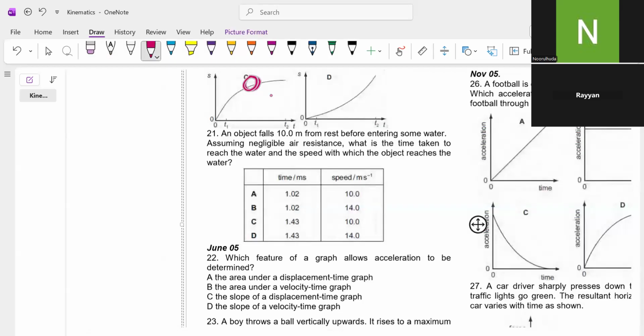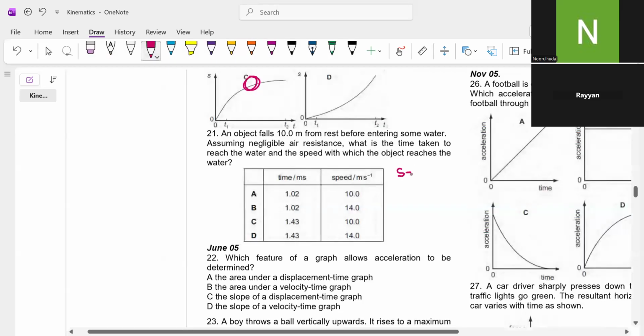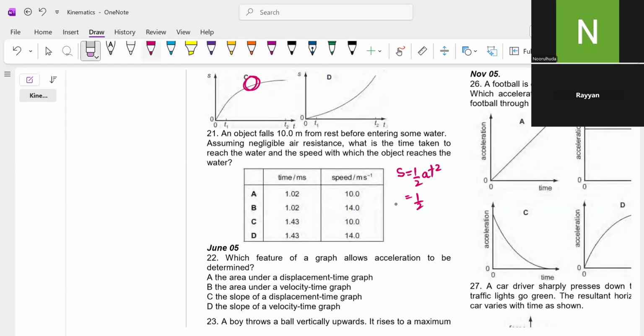S equals, so you will have half. What is A? It is 9.81. And what is S? S is 10. That is half into 9.8 into T squared. So T squared is 2 into 10 divided by 9.8.